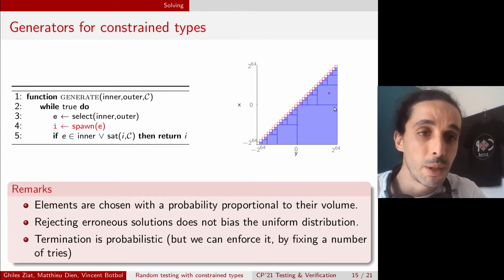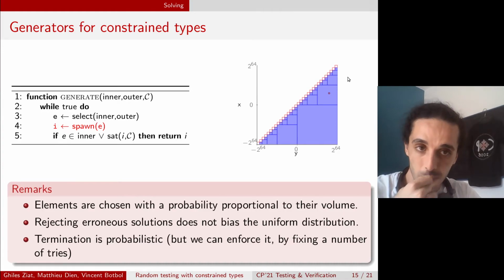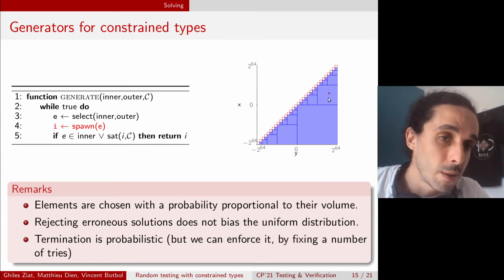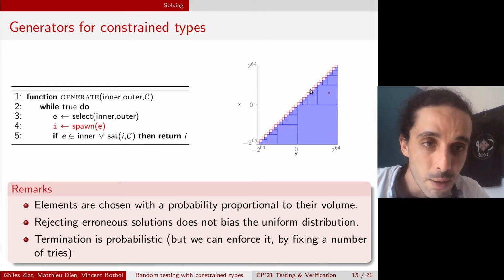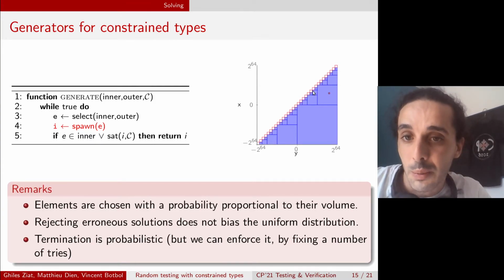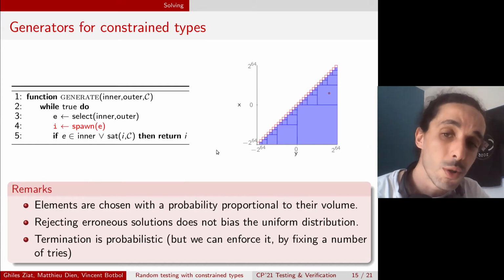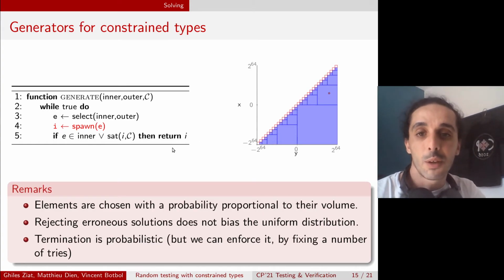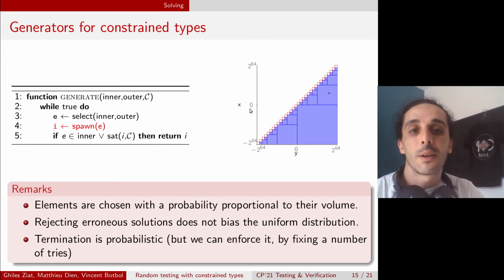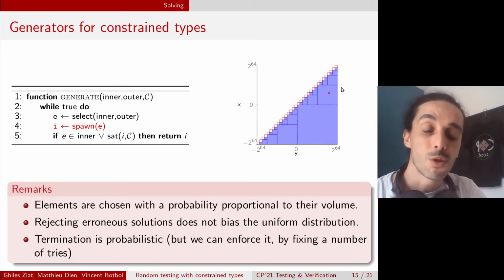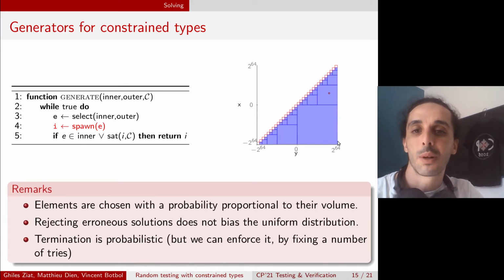Every instance should be picked uniformly. And then if the element was blue, then we have generated a value. But if it was a red element, so if it was an outer element, then we should reject values that do not satisfy the constraint. But if they do, we can keep them. And the termination of this procedure is probabilistic. That is, at some point, we will generate a value that belongs to the type.